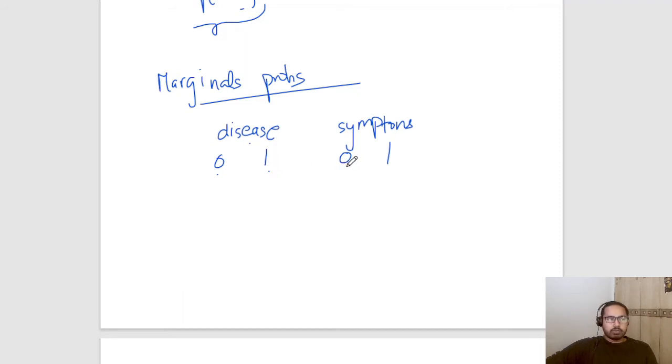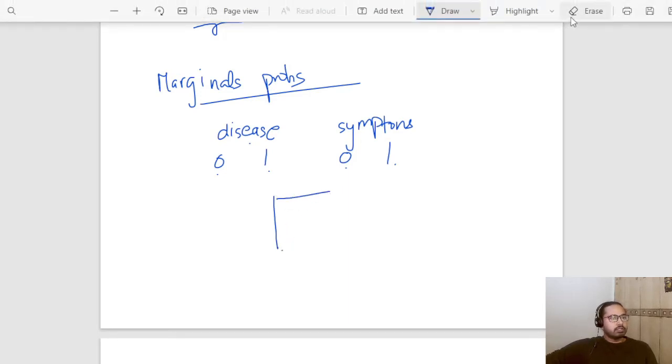Similarly, for symptoms, 0 shows the absence of symptoms and 1 shows the presence of symptoms.